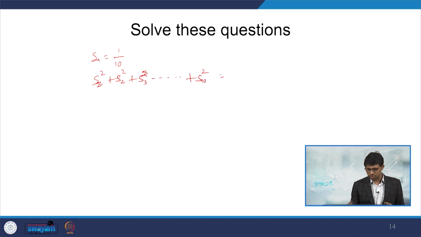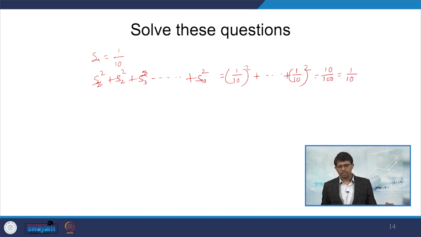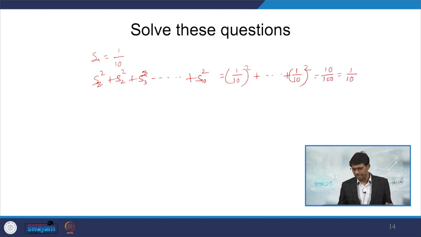These will all be 1 upon 10 squared, which is 1 upon 100, plus 1 upon 100, ten times. So 10 by 100 is equal to 1 upon 10, isn't it? So the concentration value is actually 0.1.